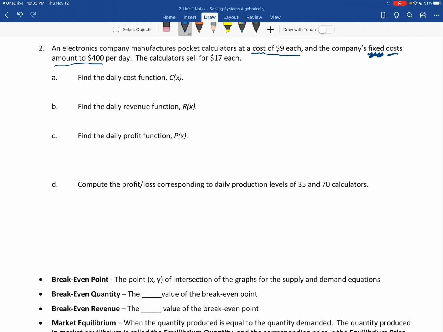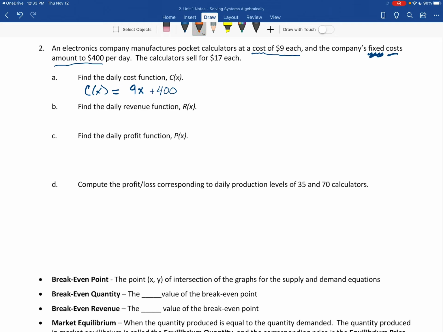So those are our two different kinds of costs. So we've got the cost function of, it costs $9 each to make a calculator. So that is the slope, $9 per calculator, with this flat $400 that doesn't rely on the amount of calculators, just a constant cost.